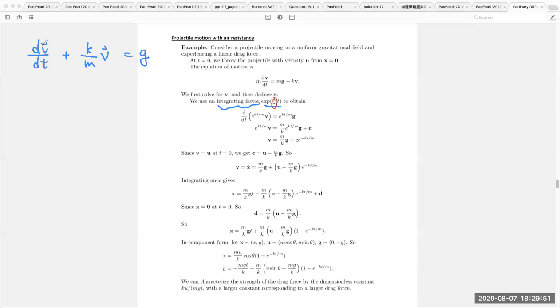You multiply on both sides by the integrating factor, so that these two can combine to get this form. That means d mu over dt equals mu times k over m. And that's how you get the integrating factor. Okay, so no problem. Then let's go on to the next part.